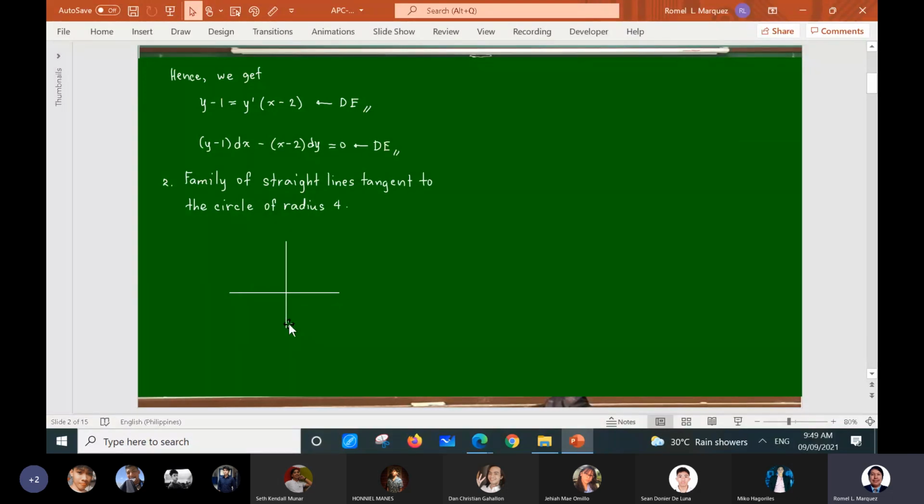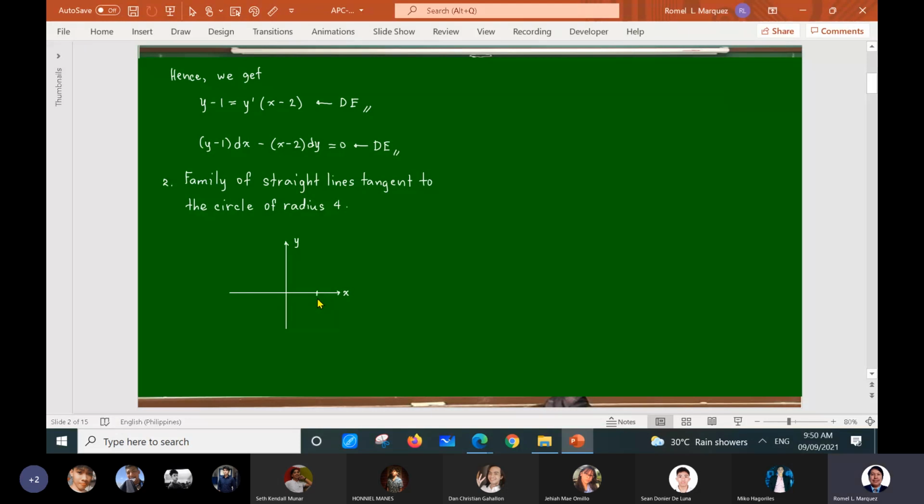So this is the y-axis, the x-axis. The radius is 4. Let's assume that it's somewhere here, the 4.